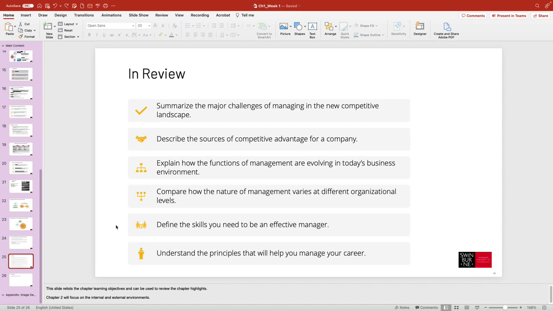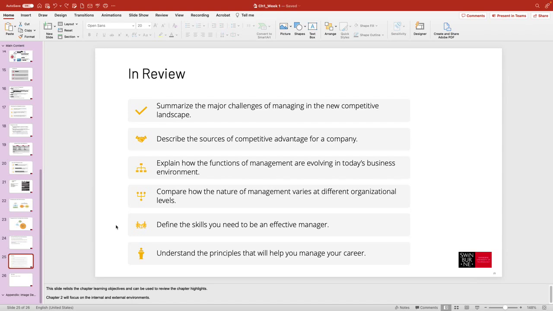The nature of management varies at different organizational levels: top, middle, and low level managers. Define the skills you need to be an effective manager. So we looked at things like emotional intelligence and building your social capital, for an example.